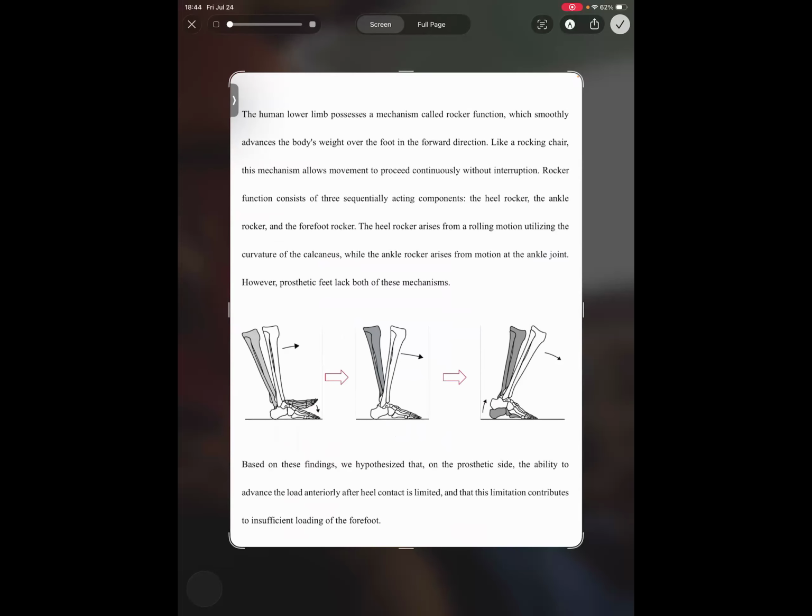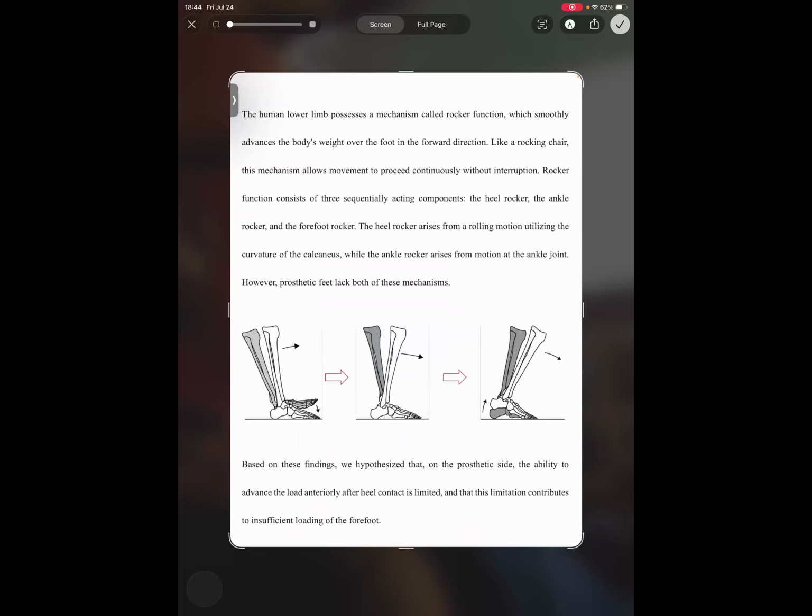I'm thinking rotation or possibly angle. Do you understand?